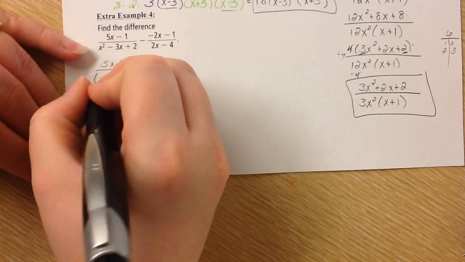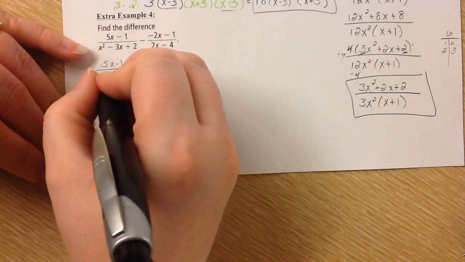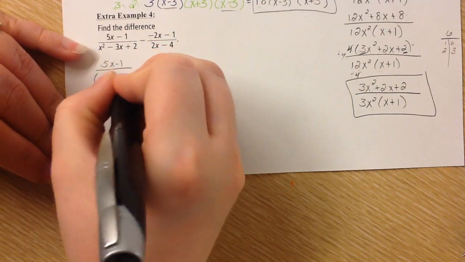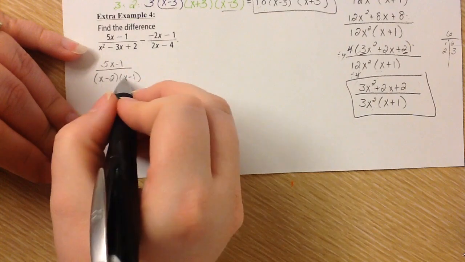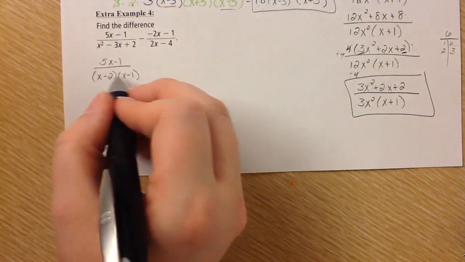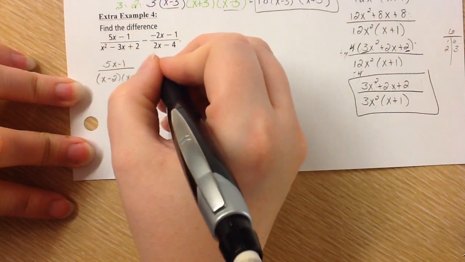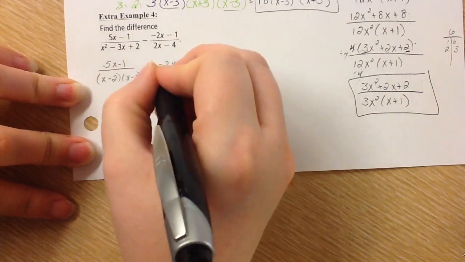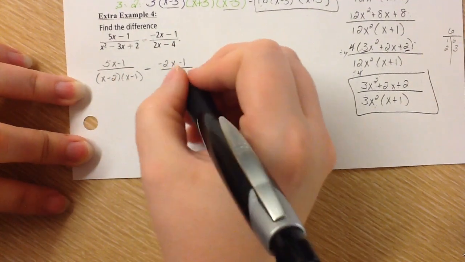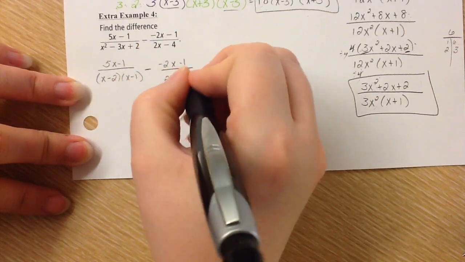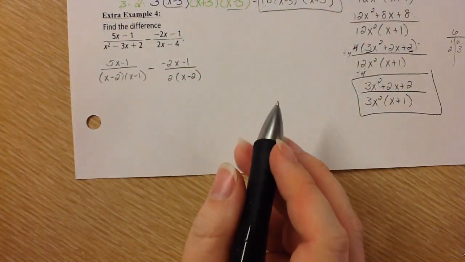Now this will factor, I believe, into x minus 2, x minus 1: x squared minus 1x minus 2x plus 2. Yep, minus. And then we've got negative 2x minus 1. And over here I can factor out a 2, and I'm left with x minus 2. Okay.